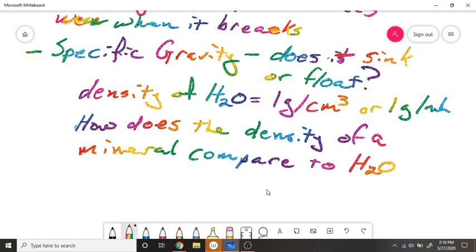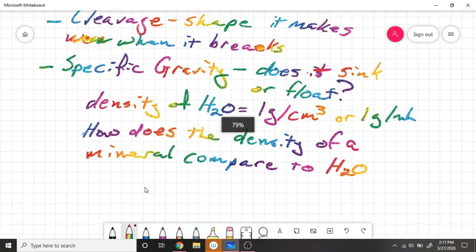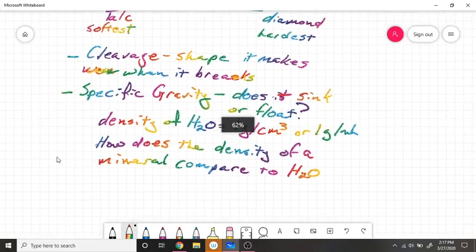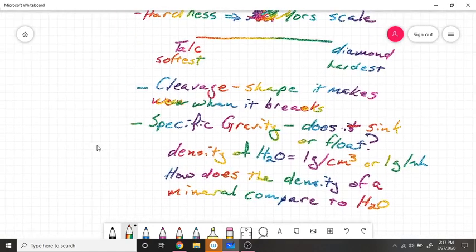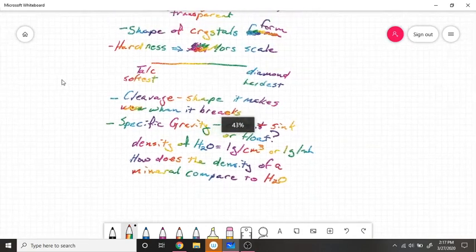If its specific gravity is 0.05, then that mineral is going to float in the water. If its specific gravity is, I don't know, like 20 grams per mil, then it's going to sink in water. And every mineral has its own specific gravity that is unique to that mineral.